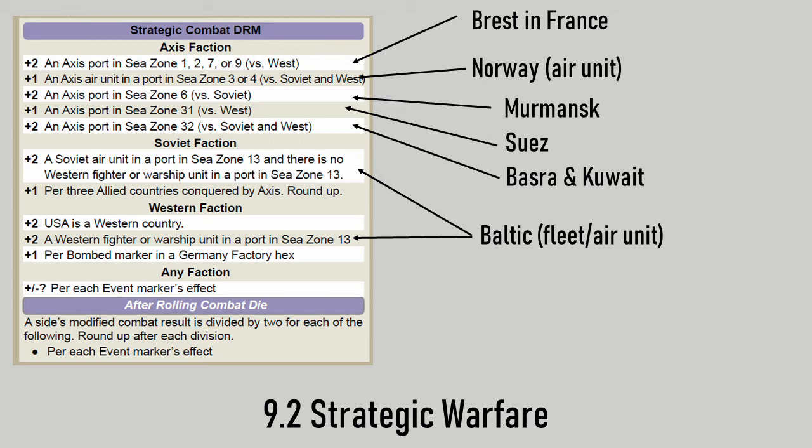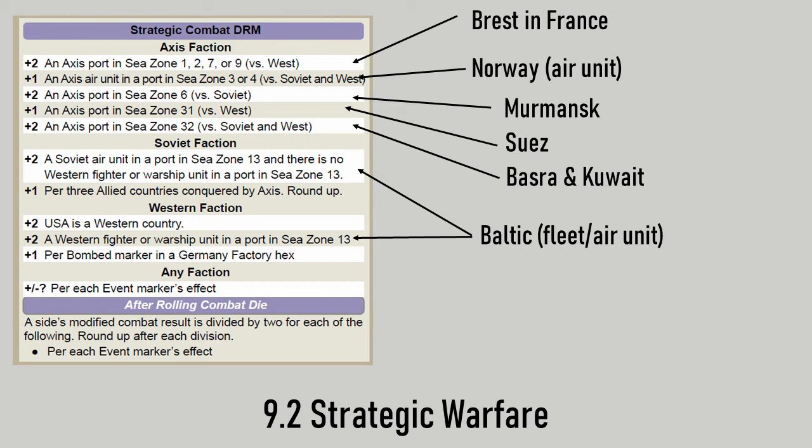They get bonuses against everybody for holding Iraq, and for winning in the Middle East and getting Suez, they get a bonus against the West. The Allies get a bonus for stationing a fleet or air unit in the Baltic. So that's essentially Copenhagen, Sweden, or capturing Königsberg for the Soviets.